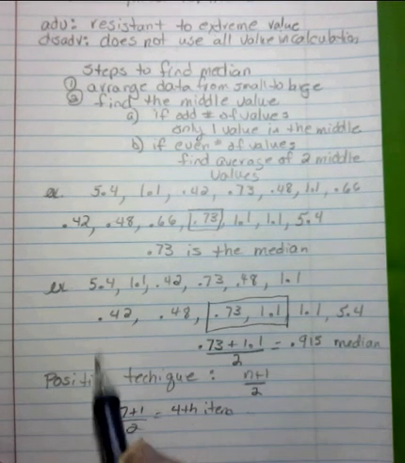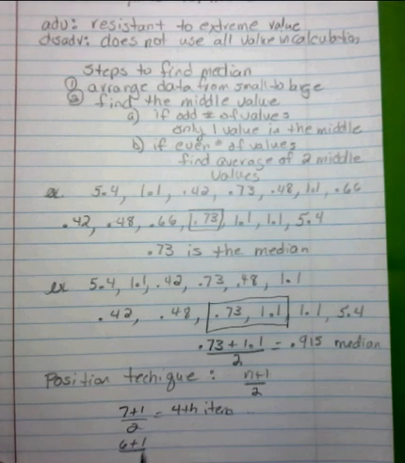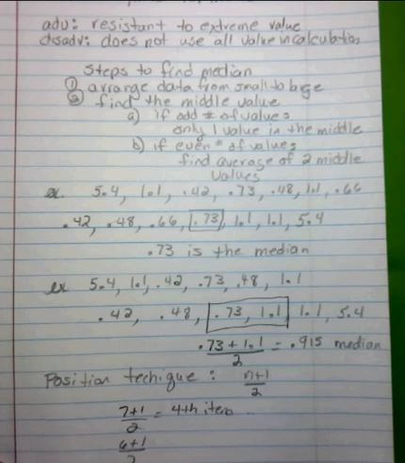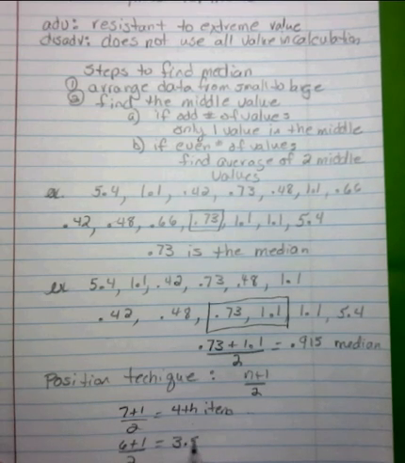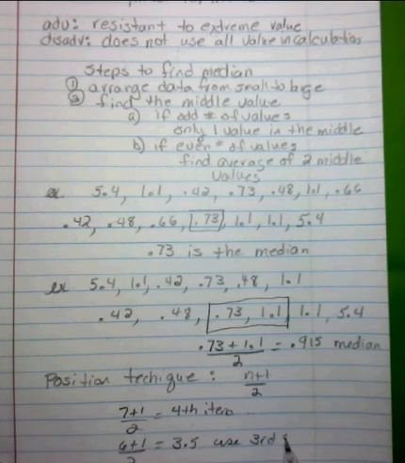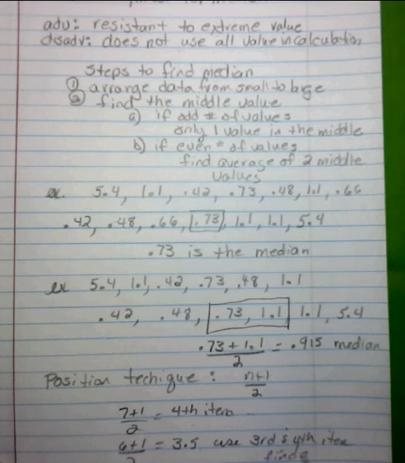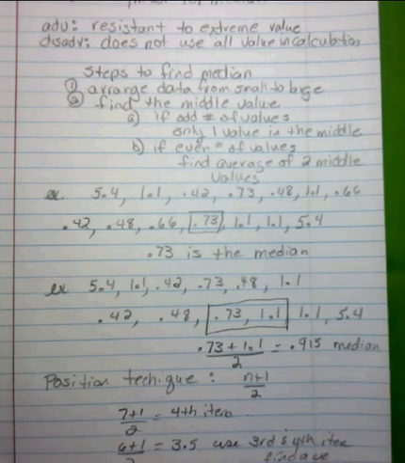In the second group, we had 6 items in the data group. So 6 plus 1 is 7, divided by 2 is 3.5. That tells us to use the third and fourth items and find the average, just like we did to find the median.